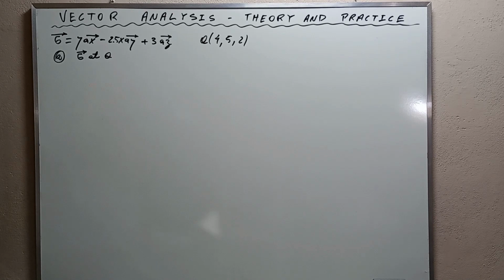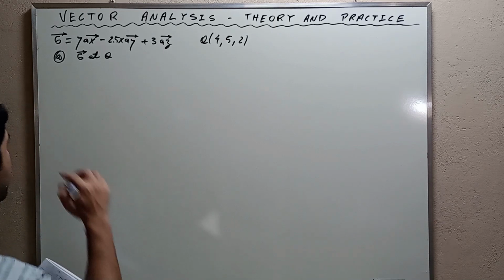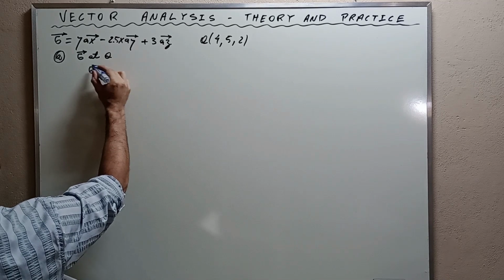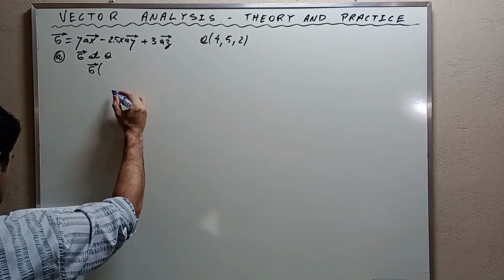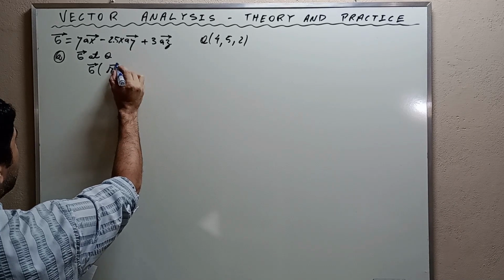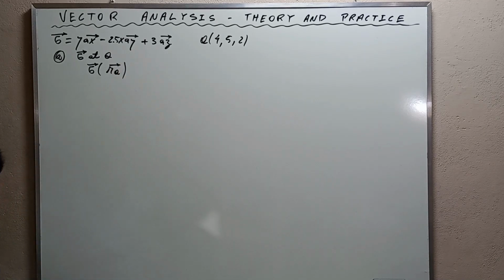We simply substitute the coordinates of point Q into the expression of the vector field. G at Q is then expressed by this vector.